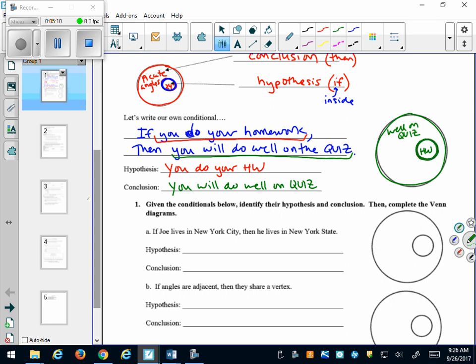Yes, you do your homework, so you do well on your quiz, but you also might study really hard. That's another subcategory. You might retake formatives, or you might come for extra help. But the smaller category is doing your homework. If you do your homework, then you will do well on your quiz.